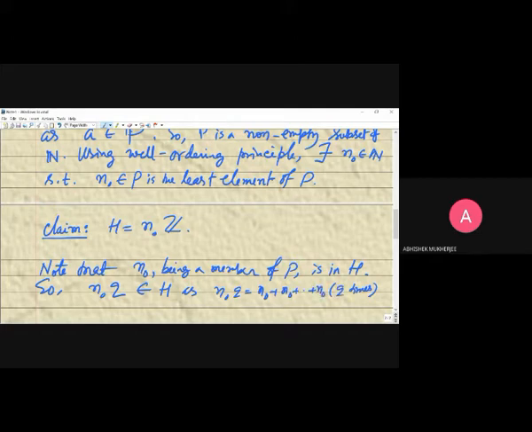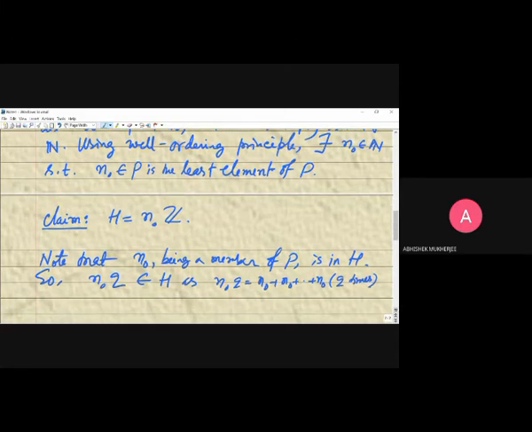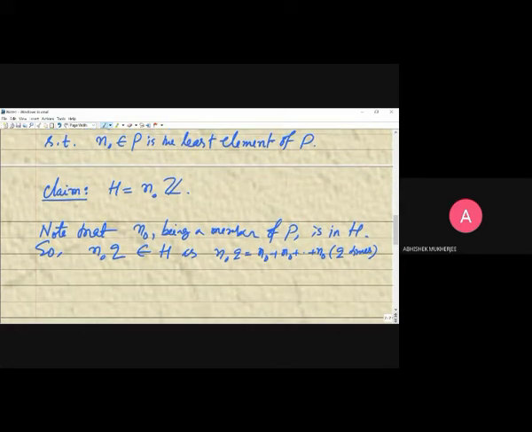Now H being a subgroup of Z plus and N naught belonging to H implies this will be in H. So this belongs to H. That means N naught Z is a subset of H. It is obvious that N naught Z must be in capital H.